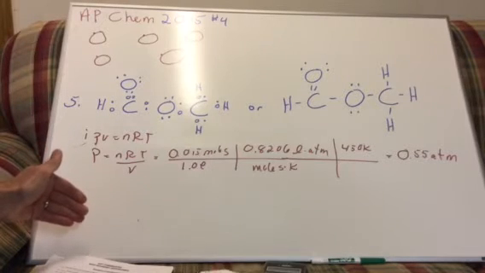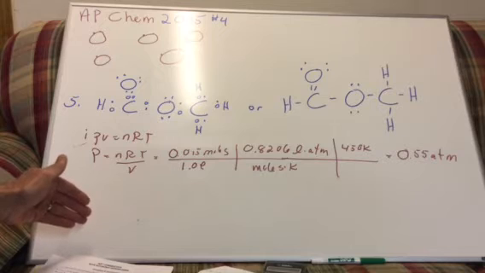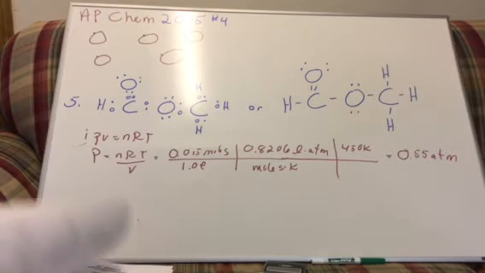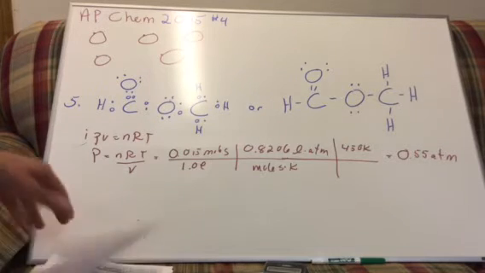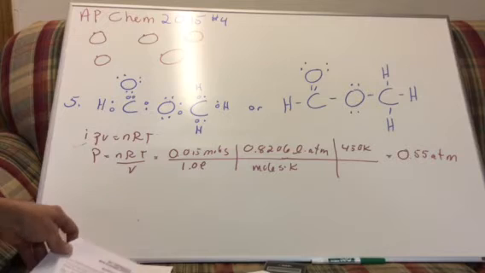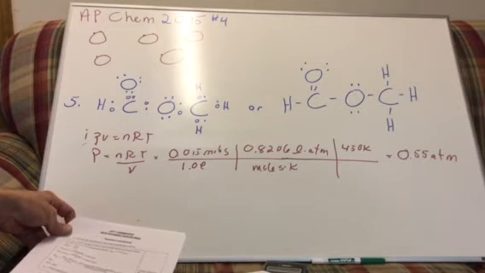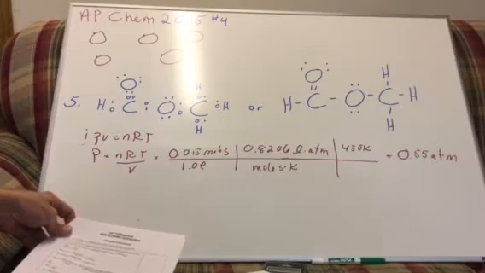Now, part 2 says calculate the value of the equilibrium constant at those particular conditions. Part 2 is a little bit harder problem. I'm sorry, I got 0.56 here. My bad.